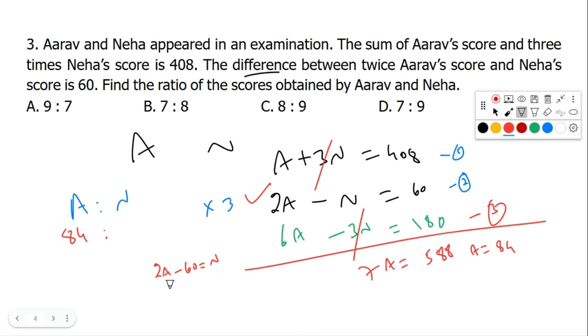So 2 times a, 2 4s 8, 2 6, minus 60. So how much will this be? 108. If I am putting 108 here, and which table? Tables are little important to get faster calculations. I can look at 12 sevens and say 12 nines. So what will be your answer now? Say D choice, which is 7 is to 9.